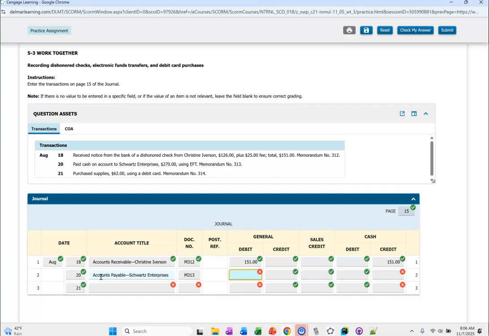Here our debit is 270, and we credit cash 270. And then the last one is purchase supplies, $62 using a debit card, memorandum M314. And we're good.